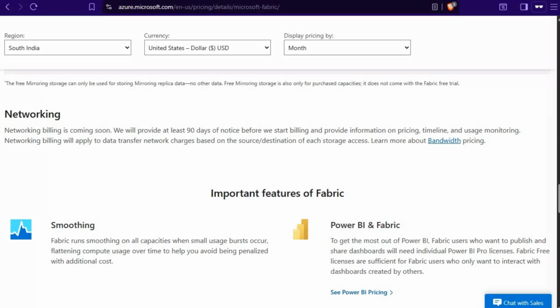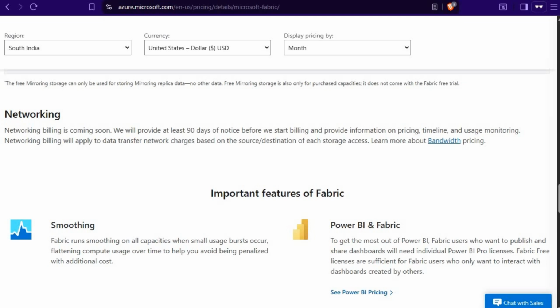This is not a purchase per se, but it's a route to get started. Many users will try things out in the free tier and then move to paid capacity once they are ready to use Fabric for production or large scale projects. And as far as this Azure Fabric series is concerned, we will be using a trial account.